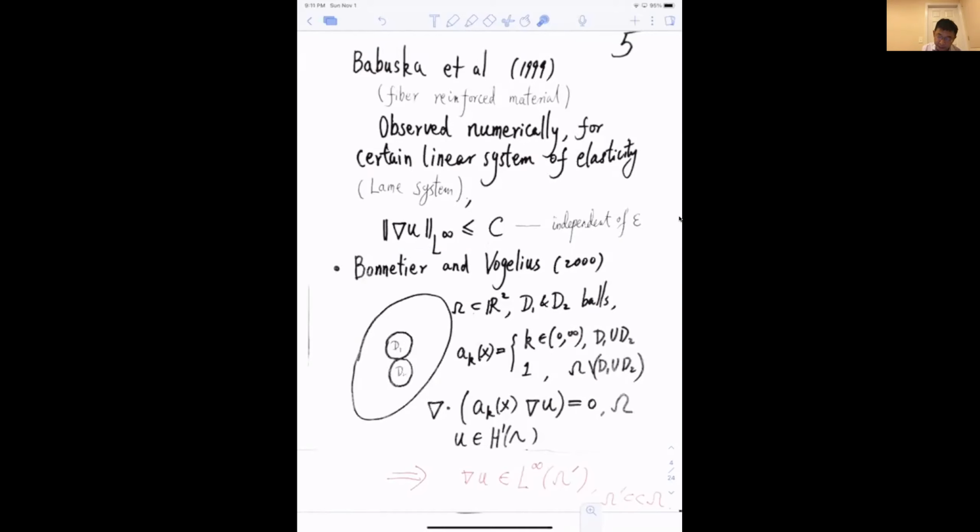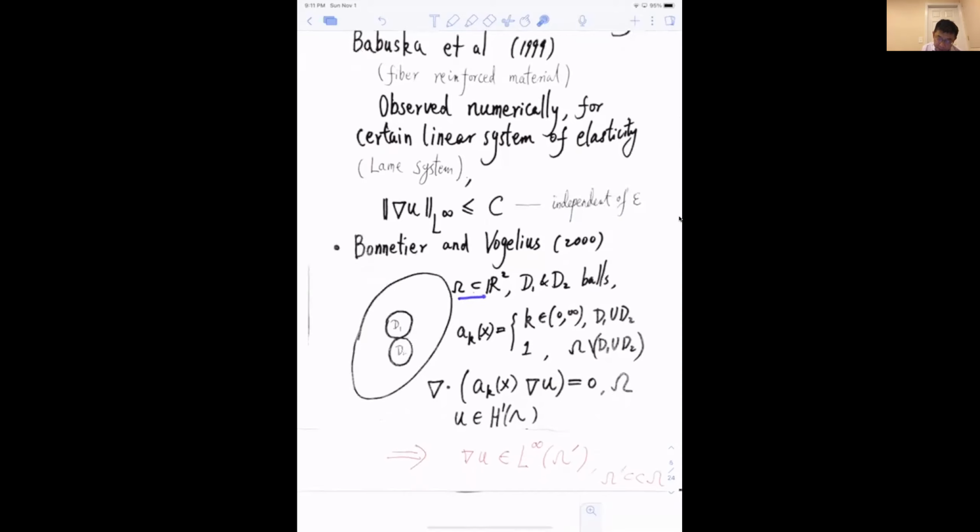And my colleague, Michael Vogelius, and Bonnetier were both former students of Babuska. They proved in two dimensions that if you take two balls touching like this, with K inside as the coefficient and 1 outside, then gradient u is in L infinity.